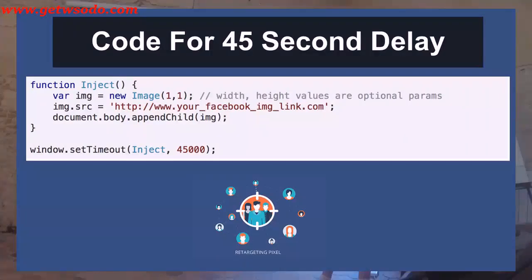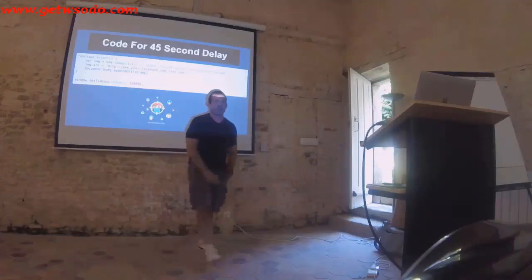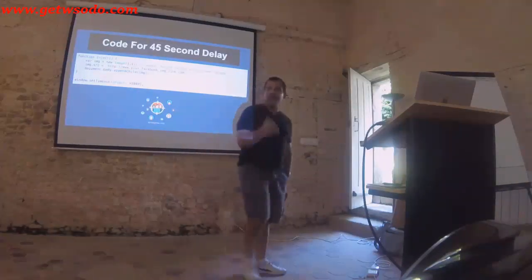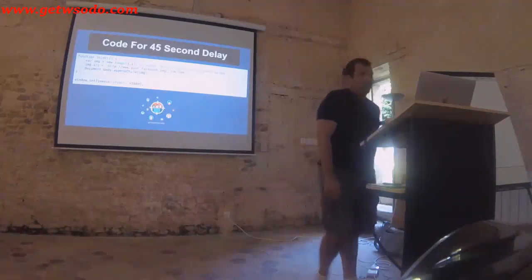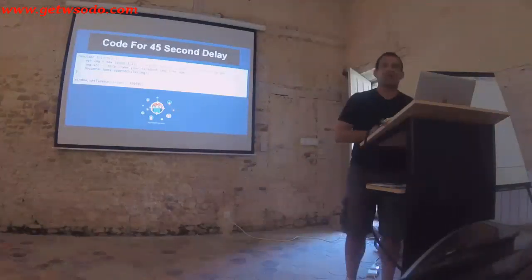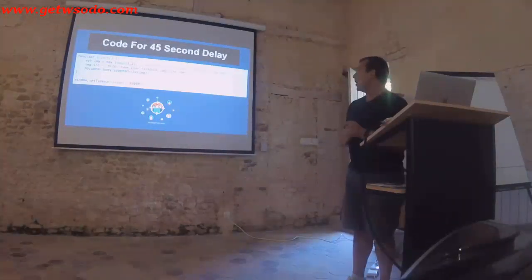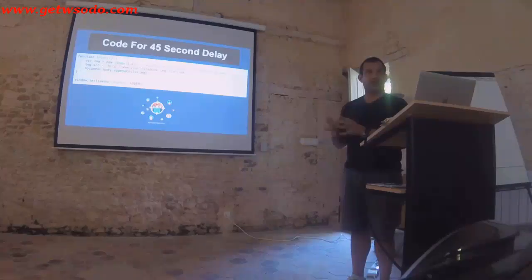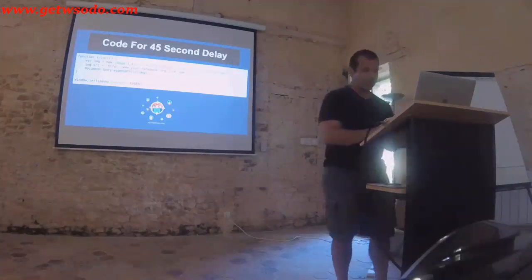So I put in here just the code if you were using Facebook retargeting on your page and you wanted to wait 45 seconds. You can find this code anywhere. I think it's JavaScript. I'm not really a programmer. But this will make a huge difference in the ROI of your retargeting.